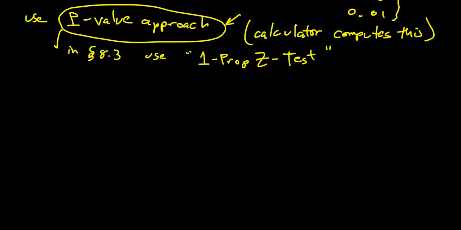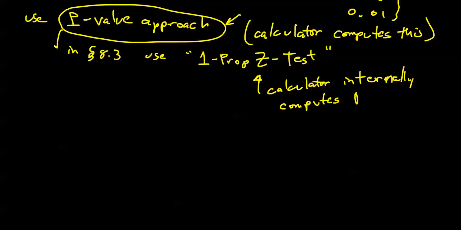The calculator computes the p-value internally using the z-scores of sample data.